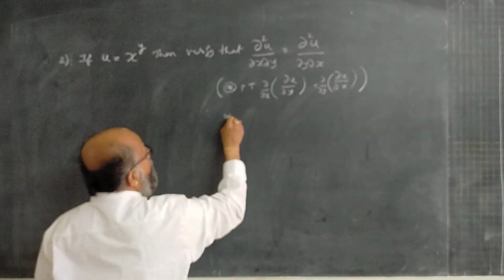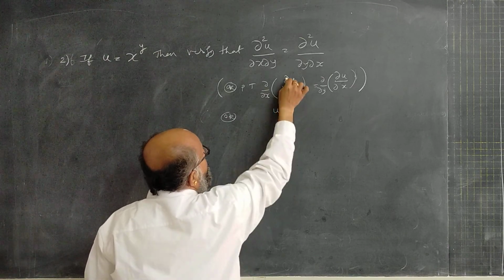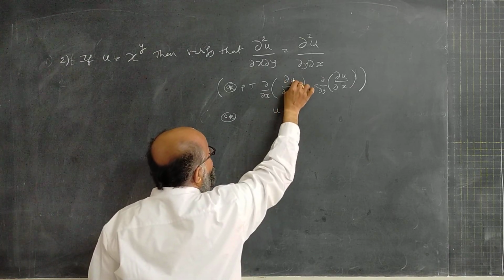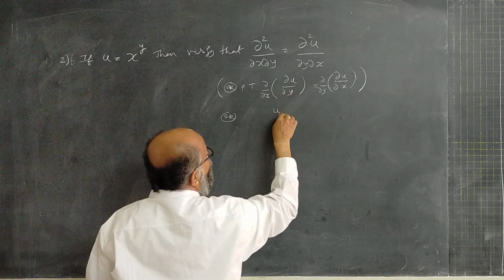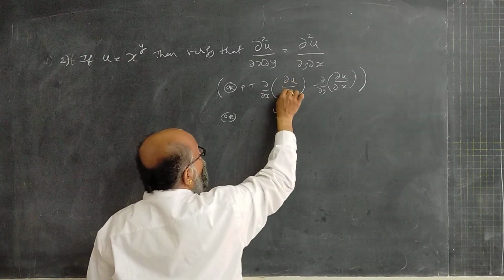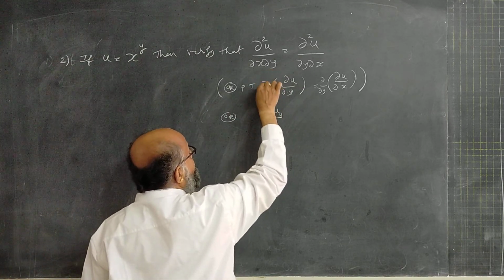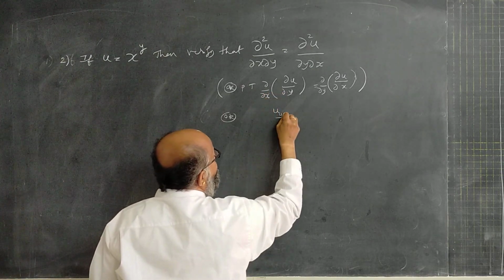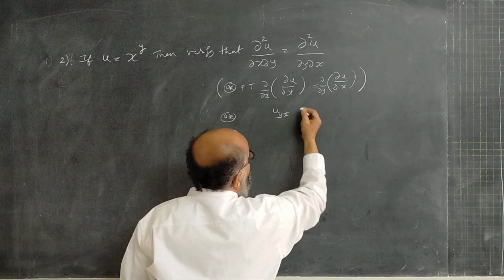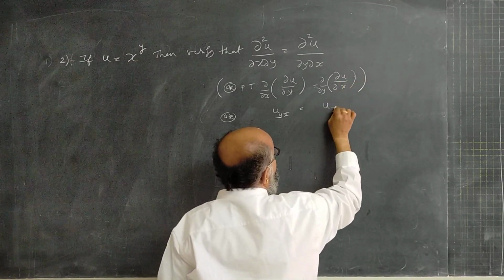Or if you make it more simple, observe here, u is there. ∂/∂y of u means differentiate u with respect to y. Therefore it becomes uy. That uy you are differentiating with respect to x partially. The ∂/∂x symbol is there, so when you differentiate with respect to x, it becomes uyx. That's equal to, same thing here. ∂u/∂x means ux.